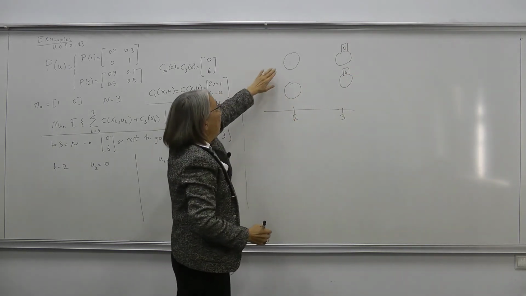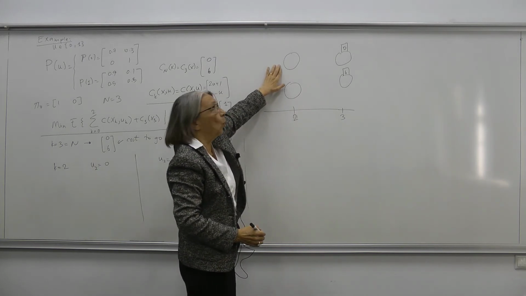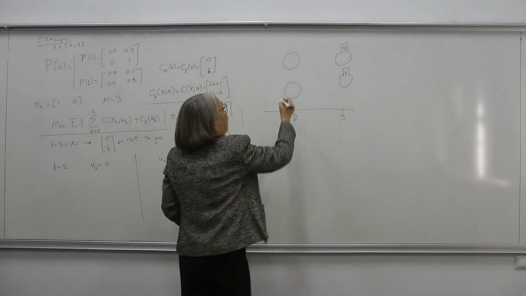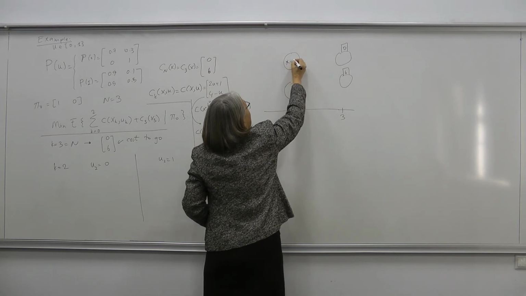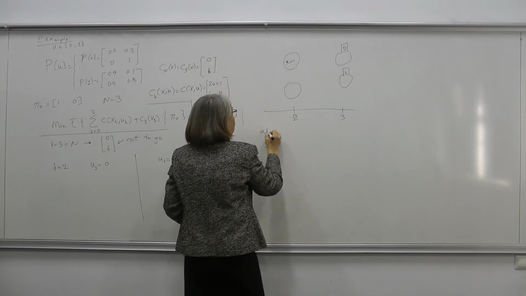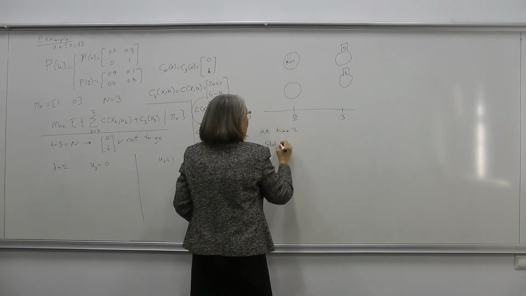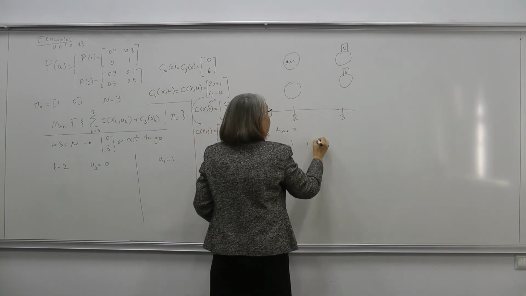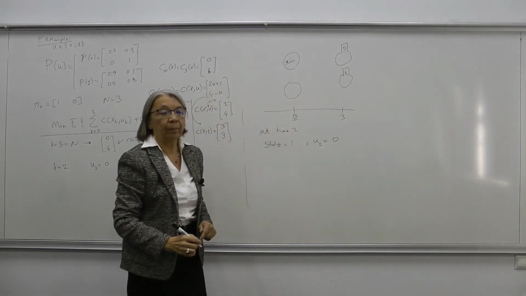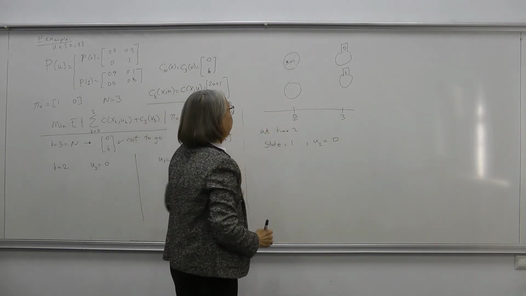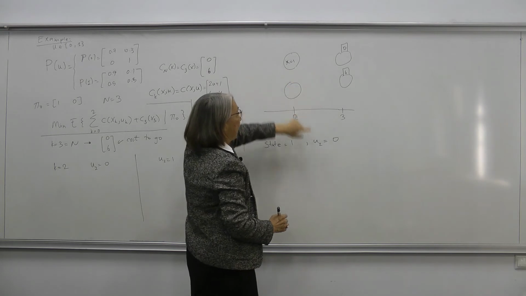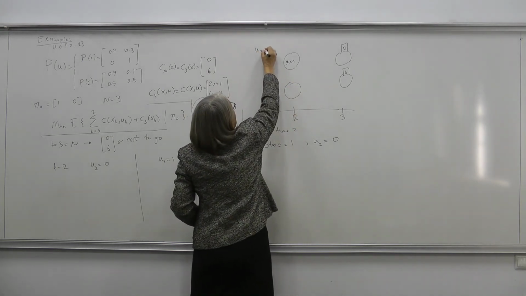And now I assume that here I am at state number 1. If x is equal to 1, the state at time 2 is 1, and let us say that we have selected the input at this time as 0. I am just drawing this diagram for the case u2 is 0.